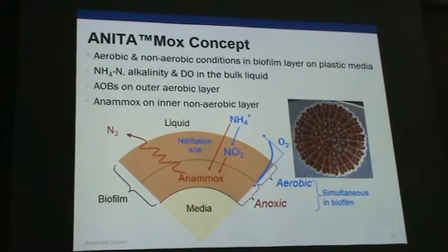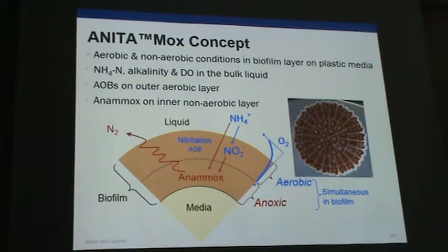So the ammonia diffuses through the first layer of biofilm, is nitrified by the AOBs to nitrite, and the rest of it continues to diffuse to the Anammox film. The Anammox addresses one molecule of ammonia and one molecule of nitrite, forms nitrogen gas, which then diffuses out of the biofilm.